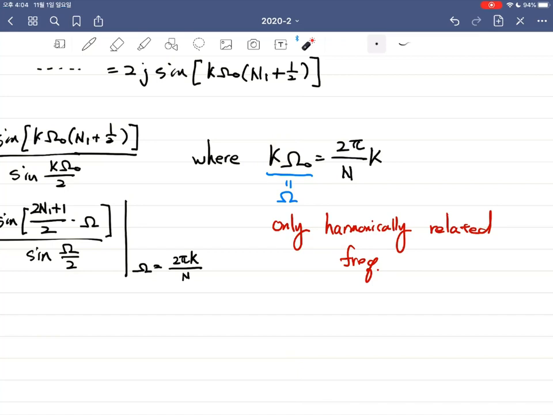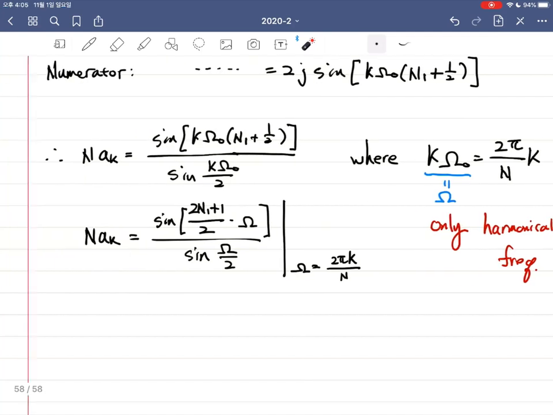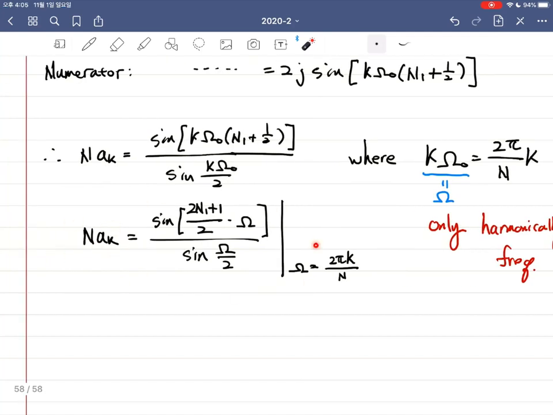And you can see that, I'm going to stop here, but I think you can recognize that this AK here is periodic in terms of this k here, because you have the periodic signal divided by periodic signal.